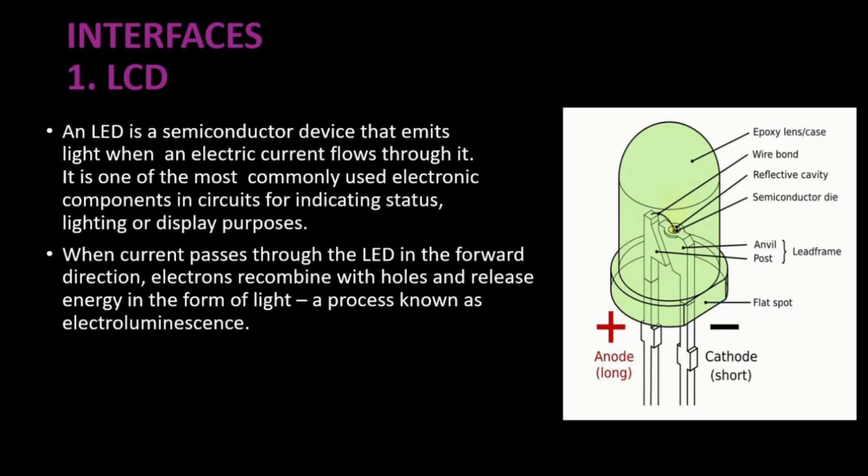When current passes through the LED in the forward direction, electrons recombine with holes and release energy in the form of light. This process is known as electroluminescence.